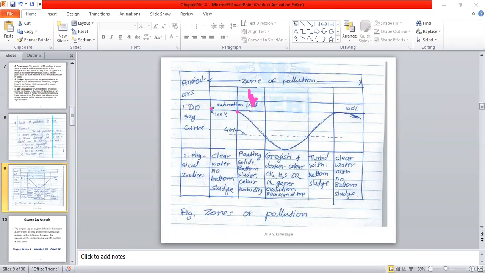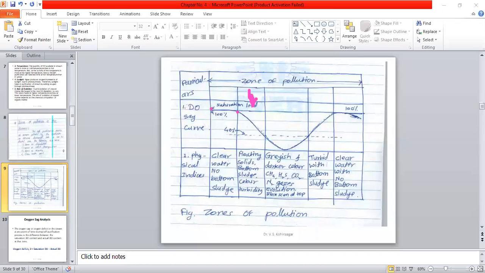Next to that is the zone of degradation. In this zone, what happens? Basically, this zone will be dark and turbid in color. Sludge deposits form at the bottom, and DO starts reducing up to 40% of the saturation level. As the degradation process starts, carbon dioxide is emitted.